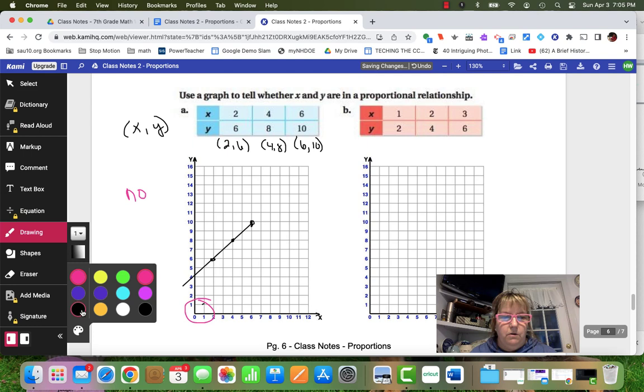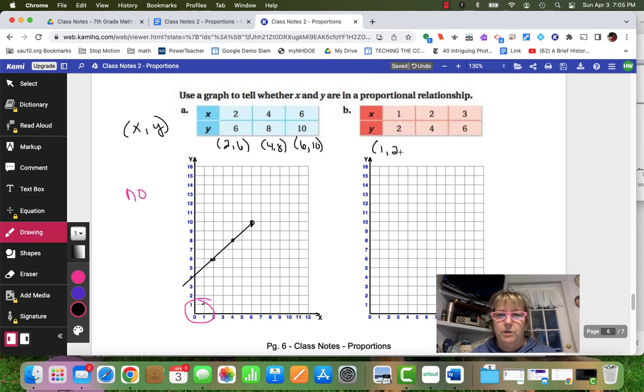I'm going to go over here and create xy pairs here. So it's 1, 2, 2, 4, and 3, 6. So if I plot those, I go over 1 and up 2. Go over 2 and go up 4. And go over 3 and go up 6.